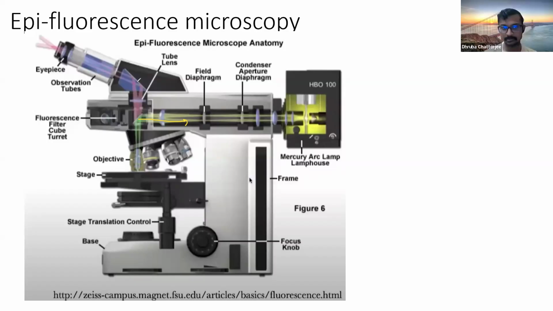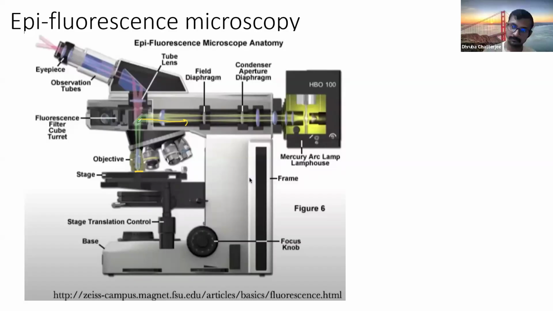Basically, there is excitation with monochromatic light of a certain wavelength, which passes through the dichroic mirror and is focused by the objective lens on a sample labeled with the fluorophore. When the fluorophore is excited, it will eventually emit fluorescence light with a longer wavelength than the excitation light.